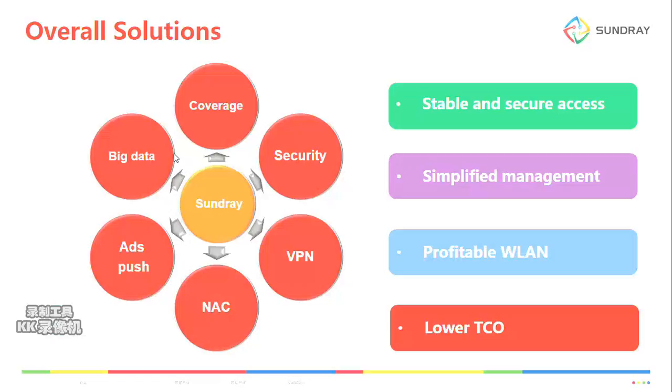And next, we have a big data analysis system. Based on the connections, we can know how many clients are connected to the network, how many are first-time comers, and which are repeated guests. Based on these statistics, we can generate trend lines for the operators to make decisions.